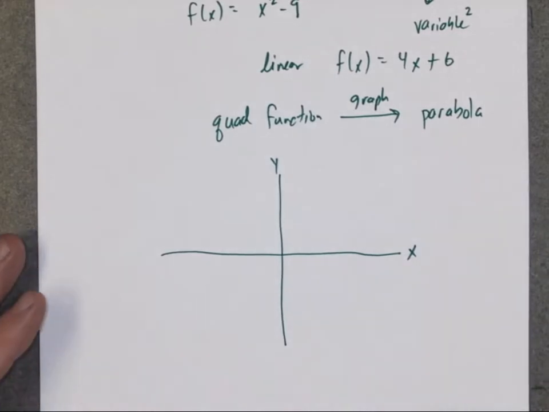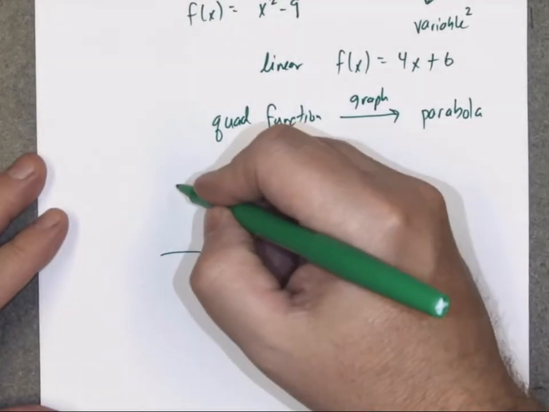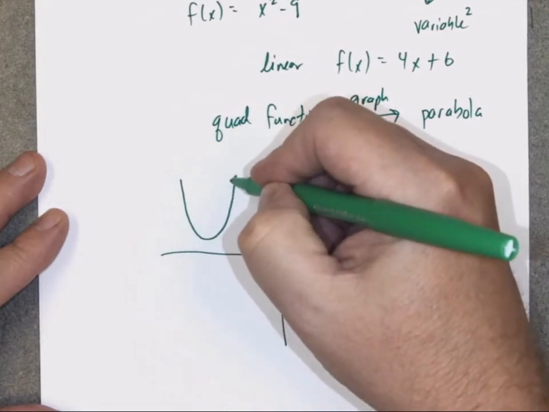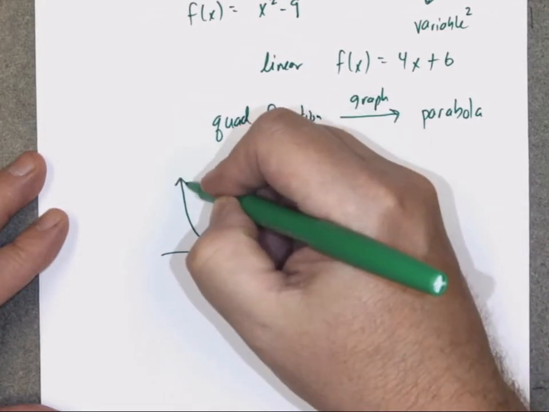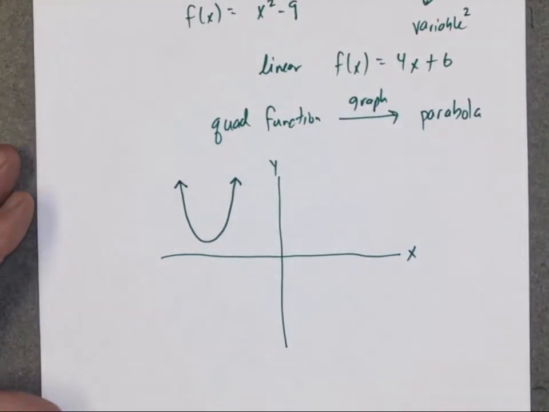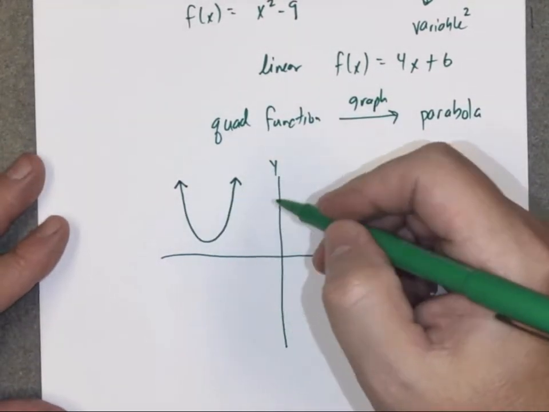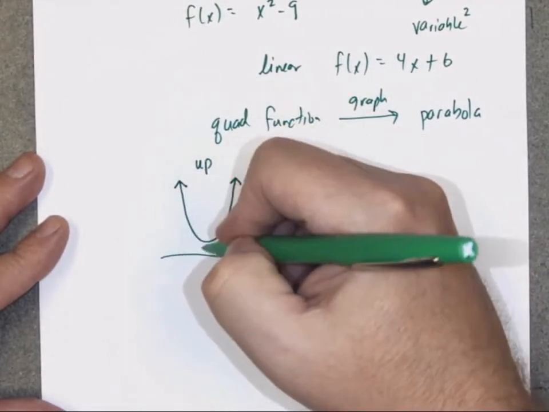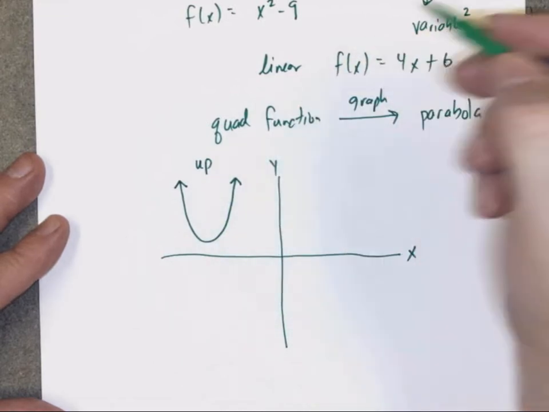As it turns out, we can have two different kinds of parabolas when we graph a quadratic equation. The first looks something like this. Sort of looks like a U. And we say this kind of parabola opens up, because it opens up.